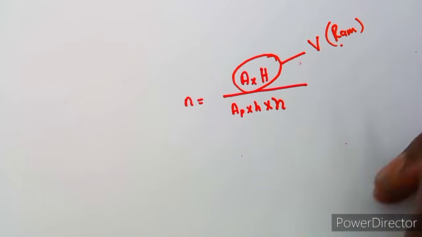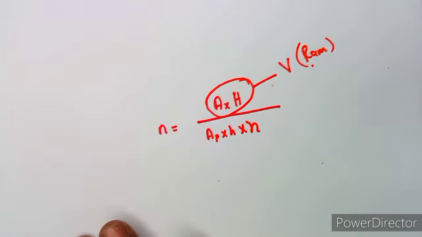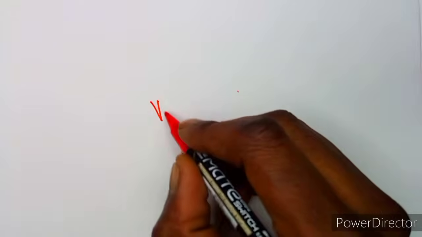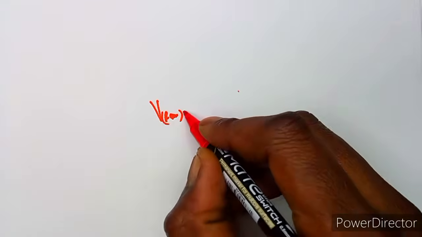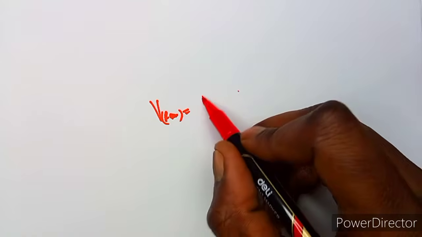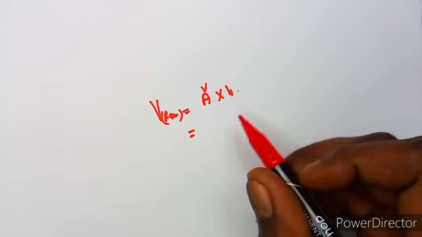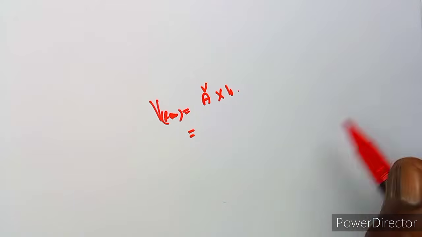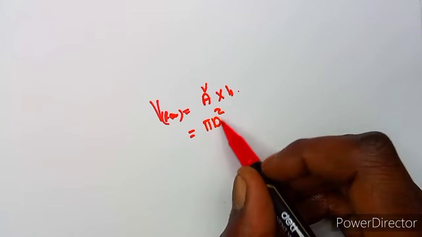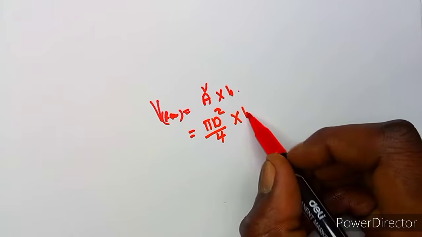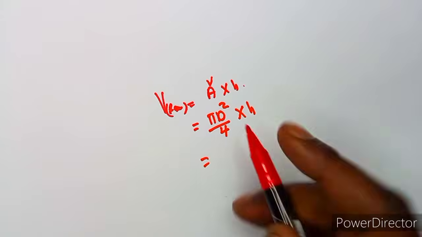So can we calculate this? Yes, we can. Let us calculate this. So V ram in this case is going to be area times the height, and when there is a diameter, that's a circular cross section, so the area is pi d squared over 4, times the height. We can substitute everything on the ram.